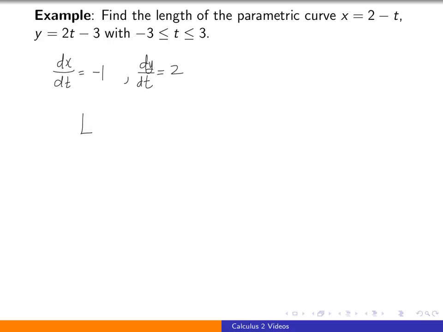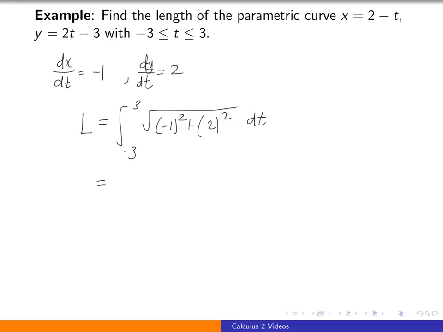So the length of the curve is the definite integral over how the parameter values vary, minus 3 to 3. And we integrate the square root of dx dt squared plus dy dt squared. So minus 1 squared plus 2 squared is 5.